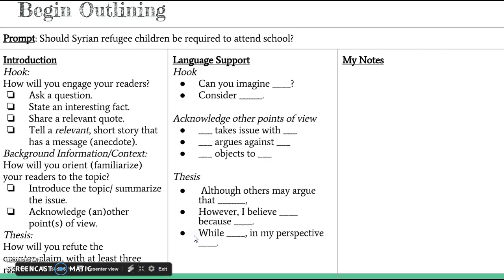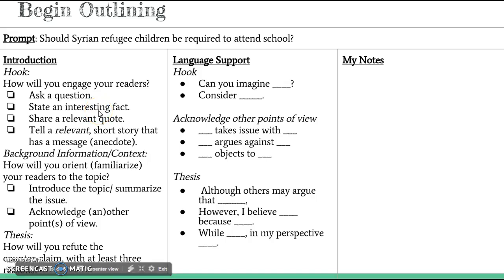So now I want you to begin outlining and thinking through what you might put in your introduction for this prompt. Should Syrian refugee children be required to attend school? I want you to think about that hook and how you're going to engage your readers.